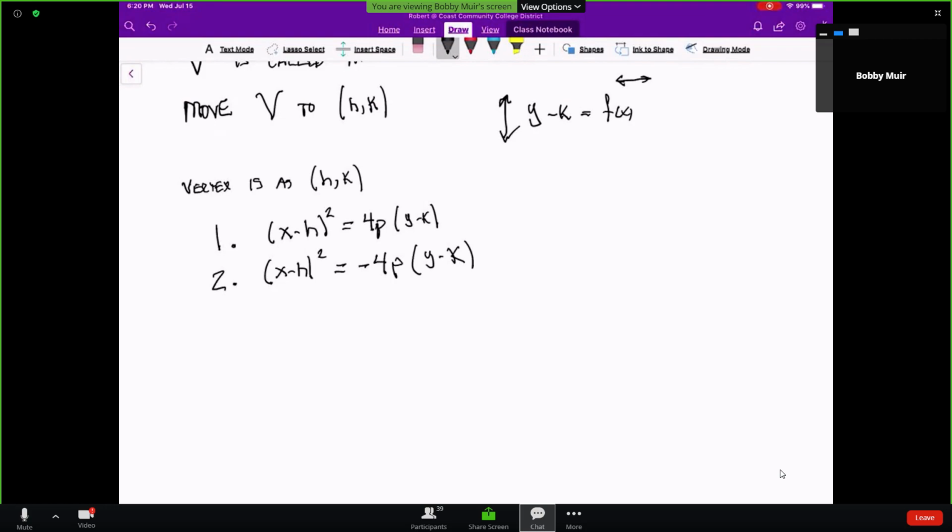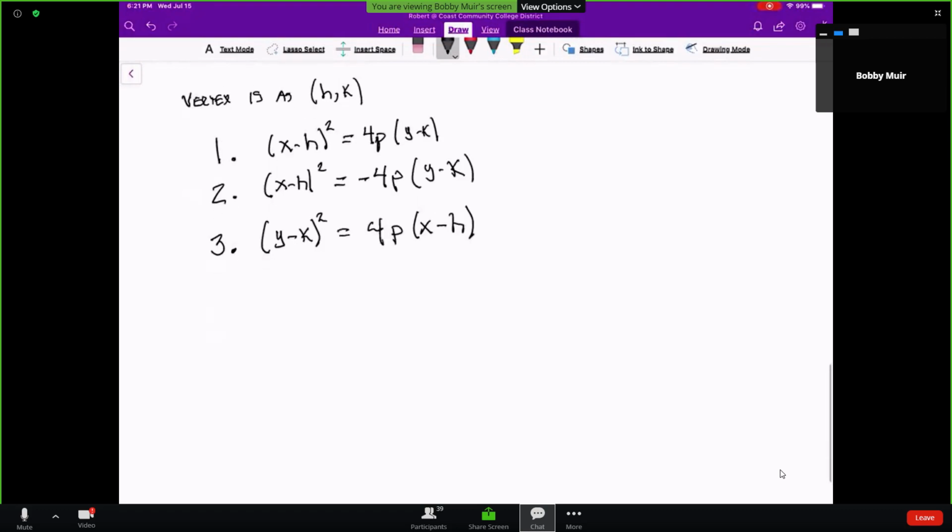And then for the sideways ones, we're going to have (y minus k) squared equaling 4p(x minus h). And then the fourth one is going to be (y minus k) squared equals negative 4p(x minus h).